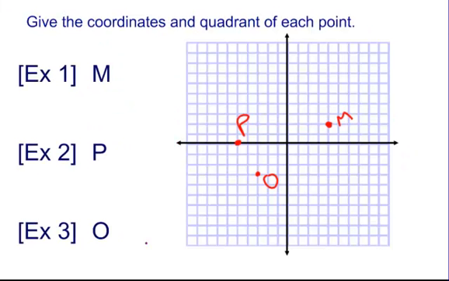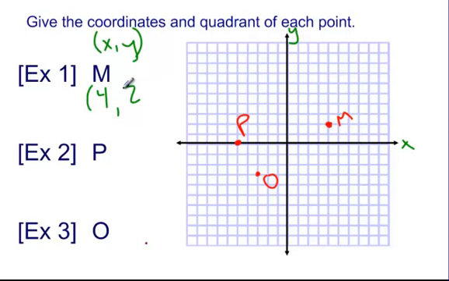Okay, so on this slide, we want to give the coordinates and quadrant of each point. So let's take a look here at M. If you remember, this is the x-axis and this is the y-axis. M is, starting at the origin, of course, 1, 2, 3, 4 to the right. So we know that the first number is 4, because remember, it's x comma y. And we go 2 up.